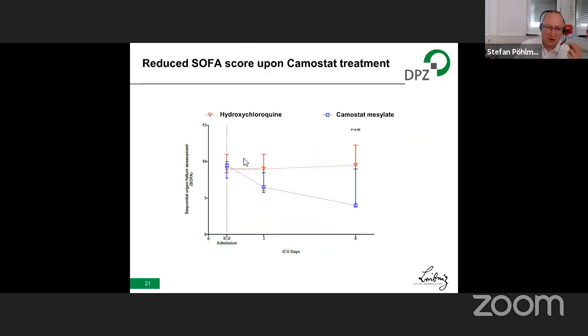Also, if organ failure is assessed using the Sequential Organ Failure Assessment (SOFA) score, we see that patients on camostat mesylate do, in this case, even significantly better as compared to patients treated with hydroxychloroquine.